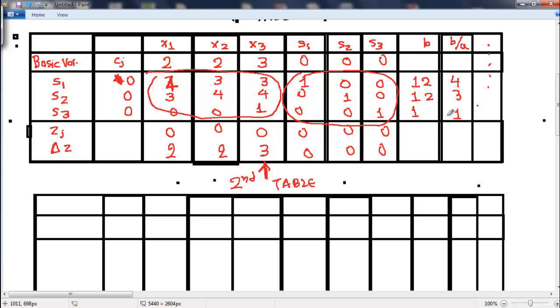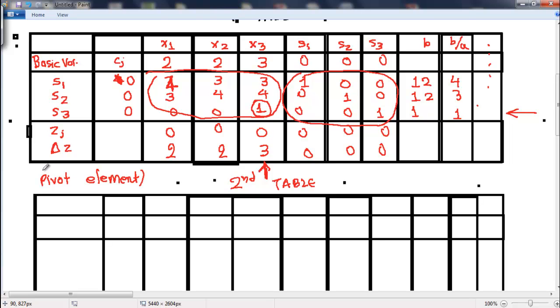So here we have the ratio, and the smallest number in that ratio is 1, and we denote that row by an arrow, and here we have the arrow that denotes that column. At the intersection of these two we have 1. This one is the pivot element.